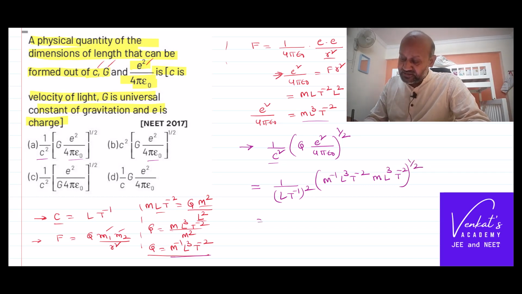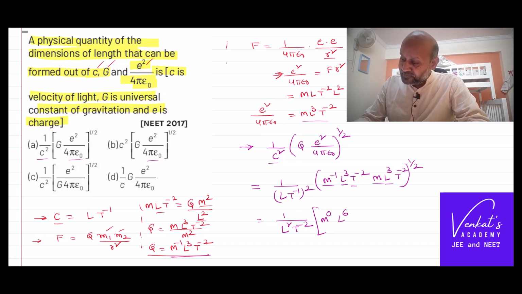So, it is 1 by L square t power minus 2 in the first part. M power minus 1 and M power plus 1 get cancelled, that is M power 0. L cube and L cube is L power 6, t power minus 2 and t power minus 2 is t power minus 4, whole power of half.